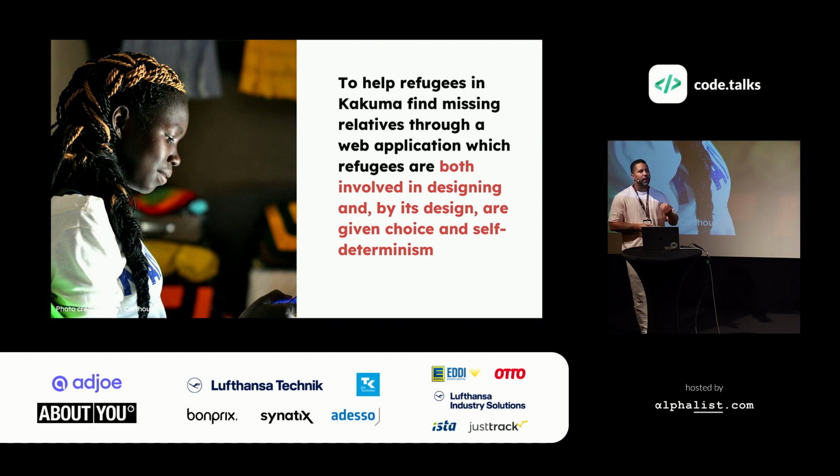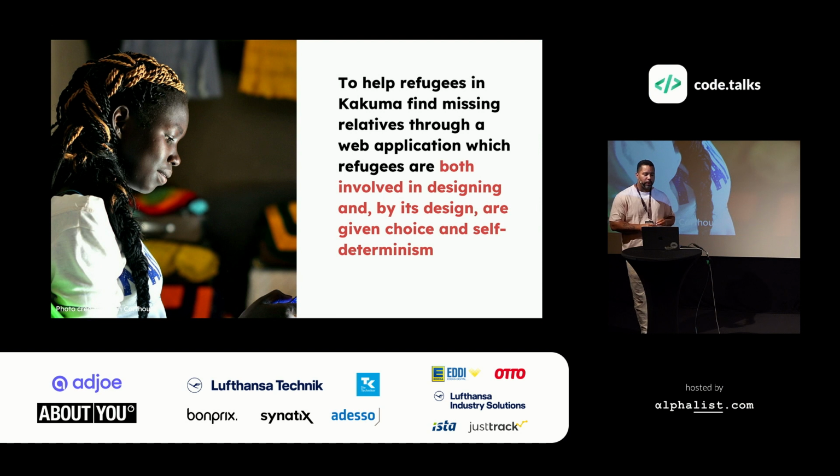So it was very important for us to establish the connection to the refugees in Kakuma. Leven, our product owner, gave us a good start, but getting information directly from those affected was mission critical.